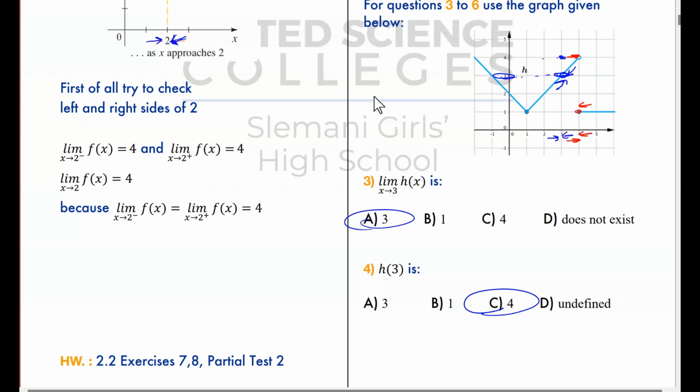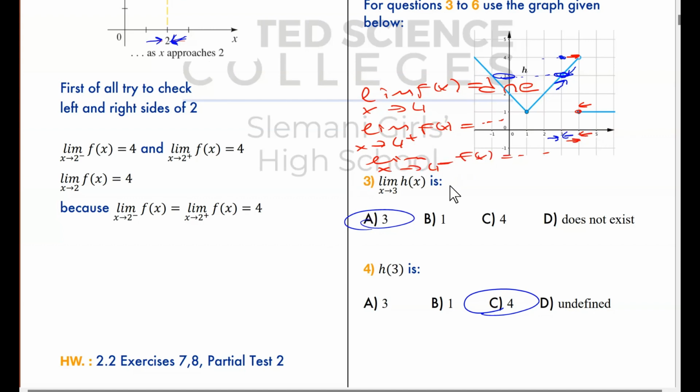So even though we say the limit as x approaches 4 of f of x does not exist, we can talk about the limit as x approaches 4 from the right. There will be a value, and we can also talk about the limit as x approaches 4 from the left of f of x. There will be a value. So just because we don't have a limit at a point doesn't mean that we don't have a limit from the right and from the left. We have limits, but one-sided limits.